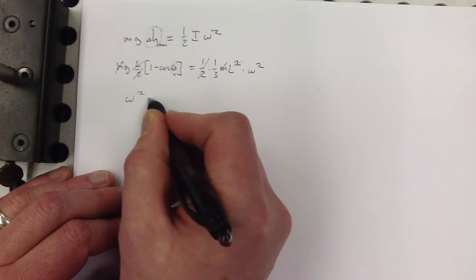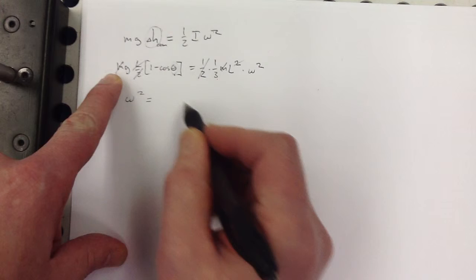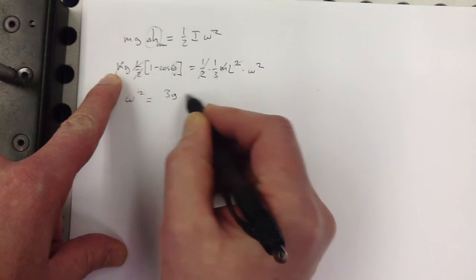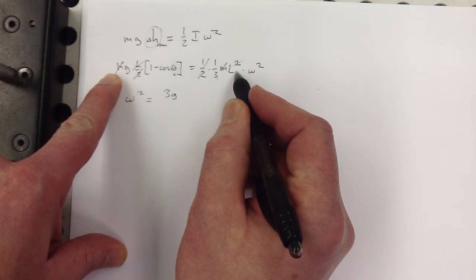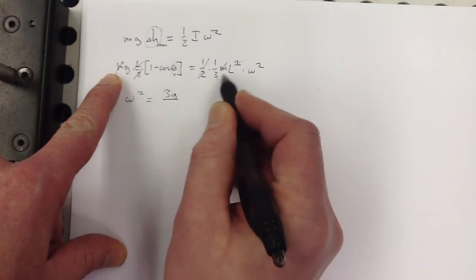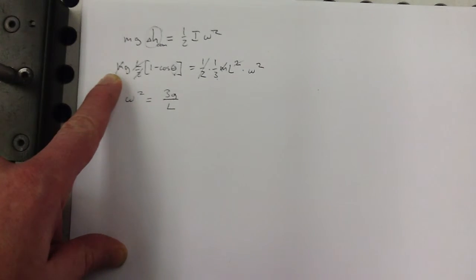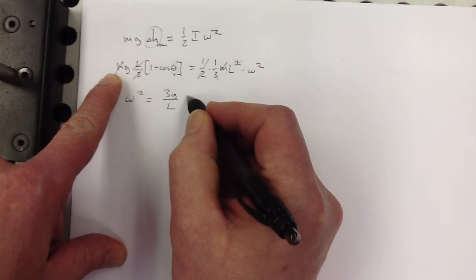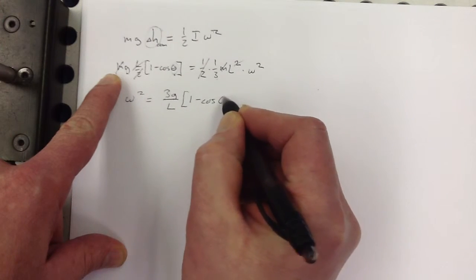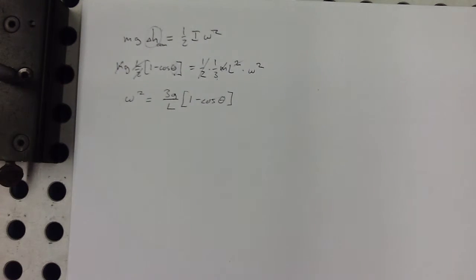So if I solve this for omega squared, I would end up with this 3 coming up top here, 3g, and then on the bottom I would have an L, times the quantity 1 minus cosine theta. All right, I think that looks good.